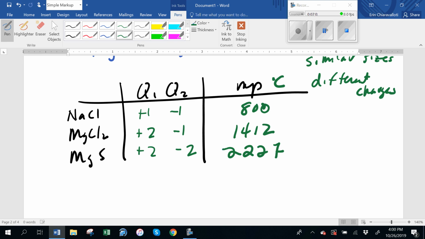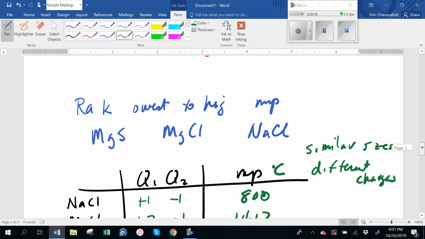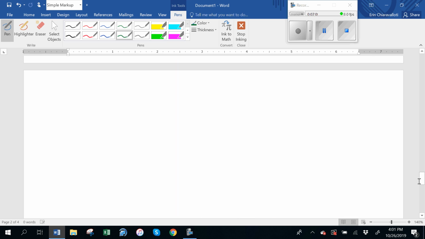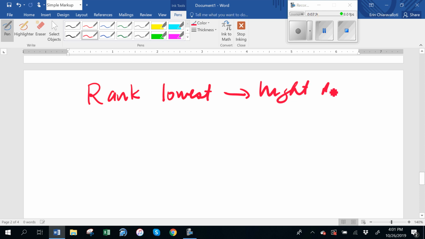Now let's look at another set of compounds. So this time we are going to rank from lowest to highest melting point again, and we are going to be ranking the compounds of KBr, KCl, and NaCl.